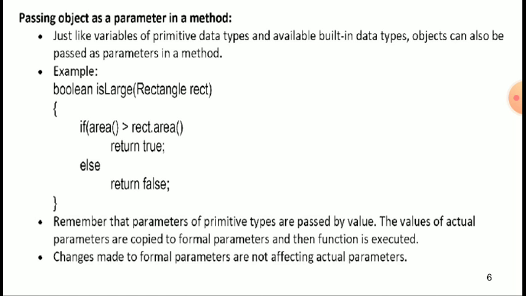Example, boolean isLarge(Rectangle rect) { if area > rect.area, return true, else return false }. Remember that parameters of primitive type are passed by value. The values of actual parameters are copied to formal parameters and then the function is executed. Changes made to formal parameters do not affect actual parameters.